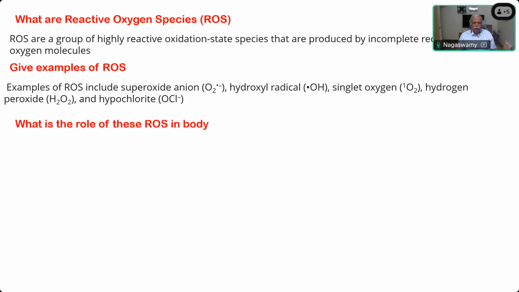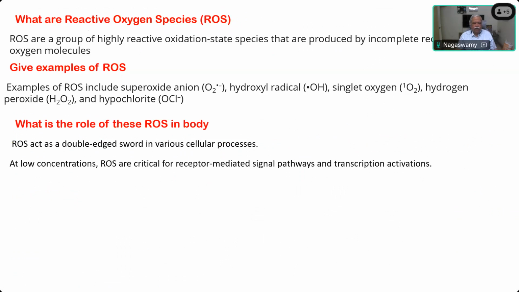What is the role of them in the body? Are they good or bad? They cause endothelial injury, damage, and increase capillary permeability. But every day we are producing these within a limited level. So it's a double-edged sword in various cellular processes.